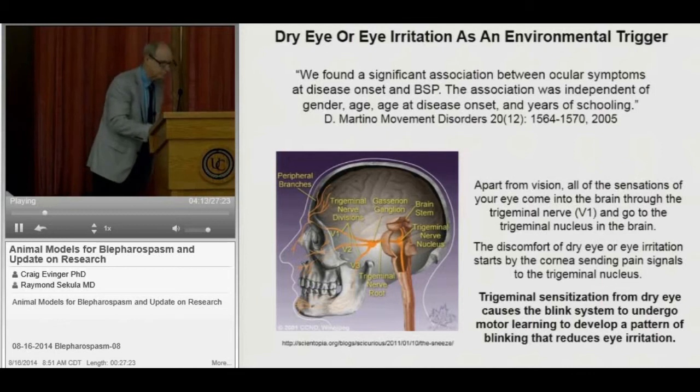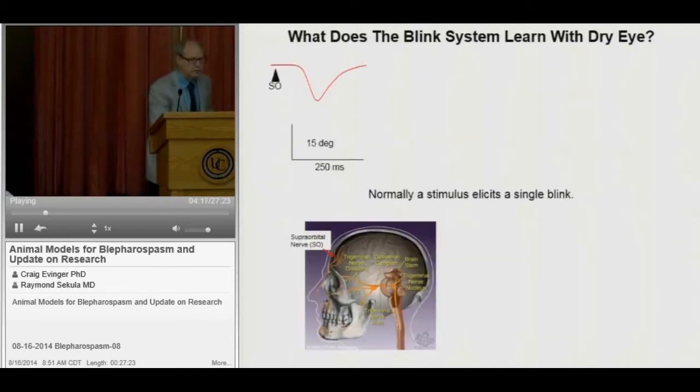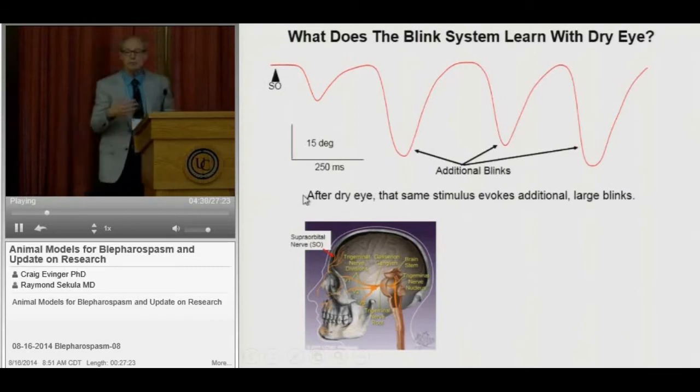All right? Now, just like we said before, here's an eyelid, goes down, comes back up. We're stimulating the supraorbital nerve, which is that nerve right there. And normally you get a single blink. As I said before, when you have dry eye, you get multiple blinks. These are data from a dry eye patient.